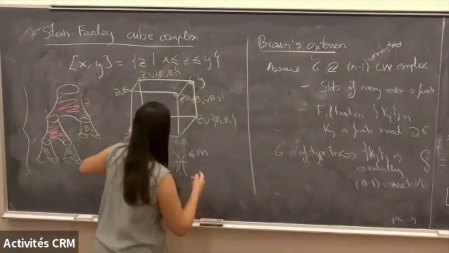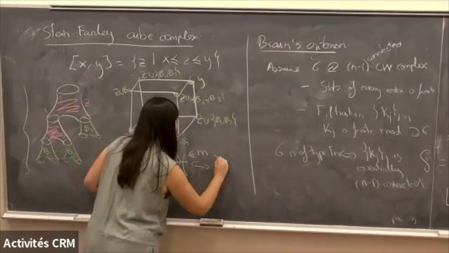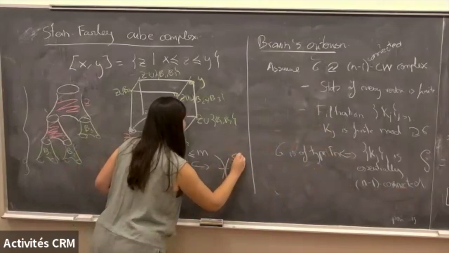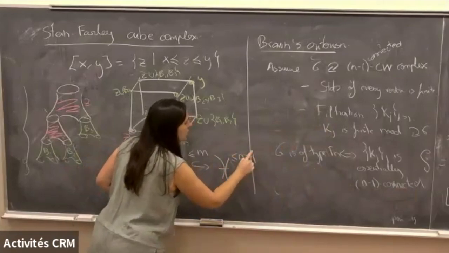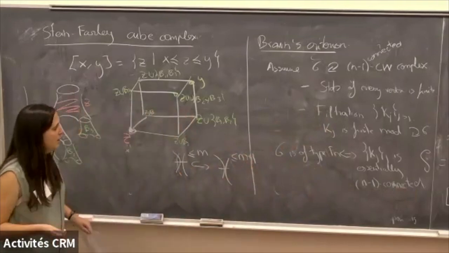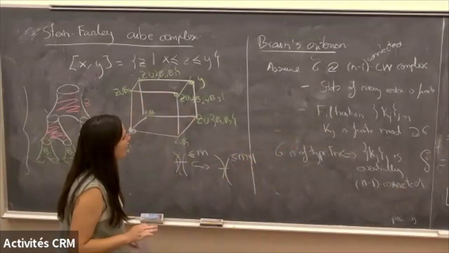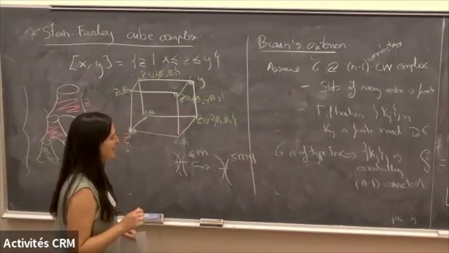So when you put one of these inside the other, then you will obtain trivial homotopy groups. So this is basically being connected. But once you prove all of this, you have the if implication.